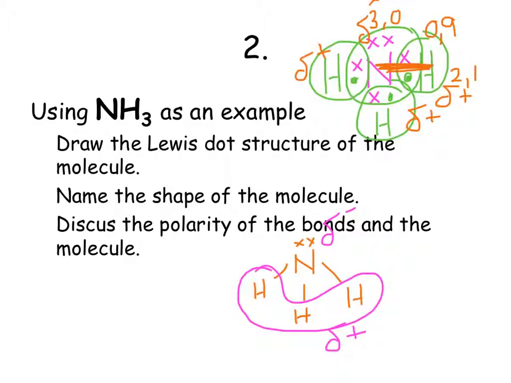So I land up with a polar covalent bond and a polar covalent molecule, with the polarity slightly negative on the nitrogen side and slightly positive on the hydrogen side.